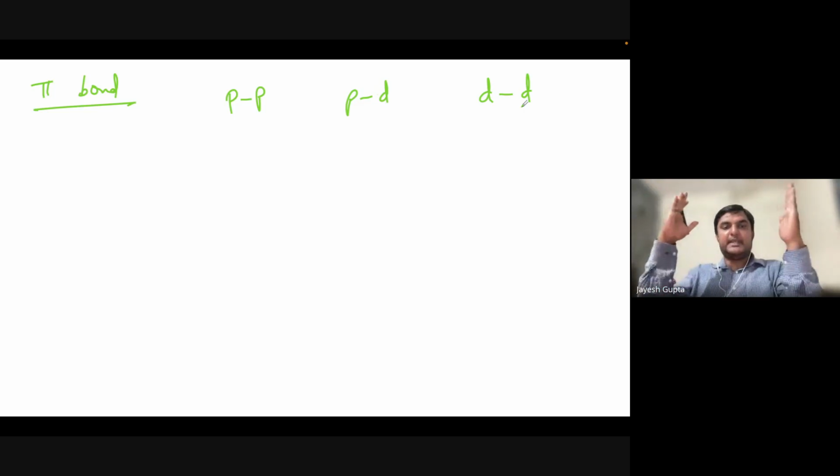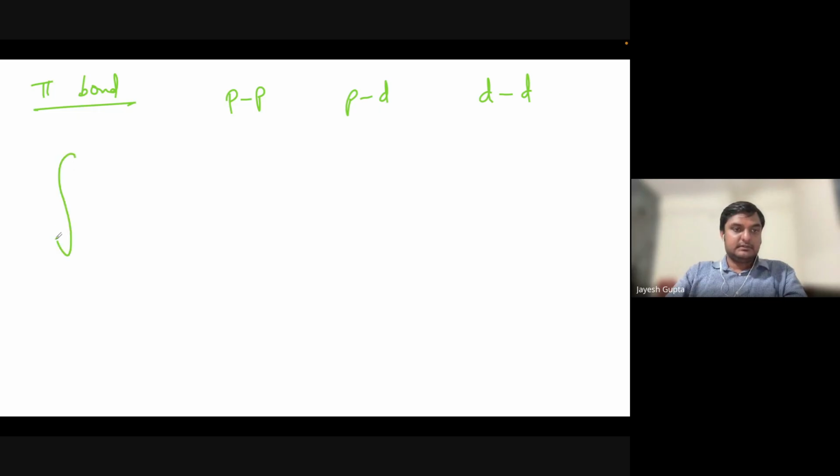But P and P can be taken parallelly and then you do lateral. For the first example, I'm taking P and P. I've taken pz and this also pz. So here plus minus, here plus minus. Like I've told you, laterally they will make overlapping.